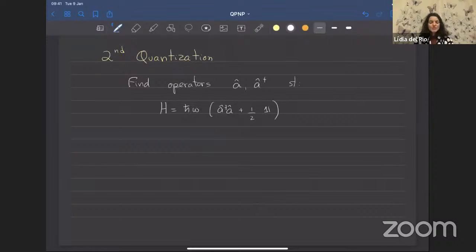For now, it doesn't matter so much. This is going to be an operator called N that we care about, and it will have the following advantage. It's very, very easy to find its eigenstates.